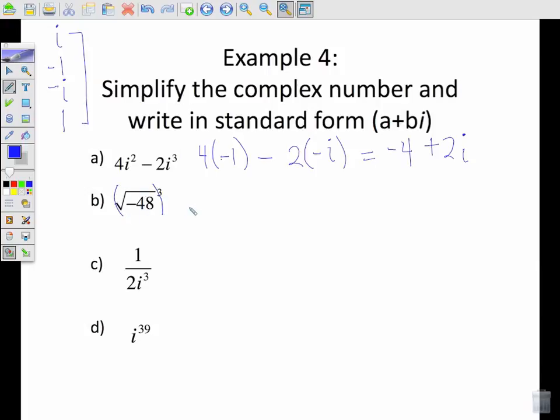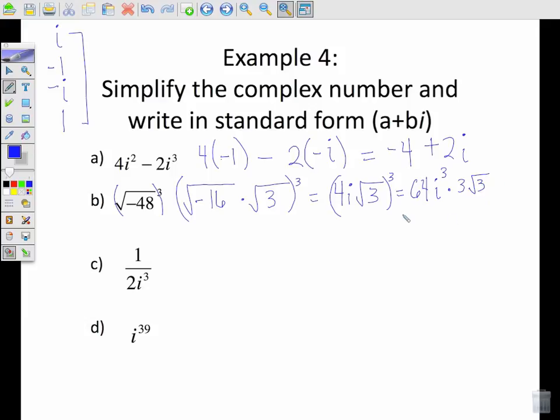We've got negative 48 underneath the square root symbol, and then all of that is to the third power. Let's take care of the negative. You've got the square root of negative 16 times the square root of 3. I'm just trying to simplify my root to the third. So that becomes 4i square root of 3, all to the third. 4i to the third would be 64 i to the third, and the square root of 3 to the third is 3 square roots of 3.